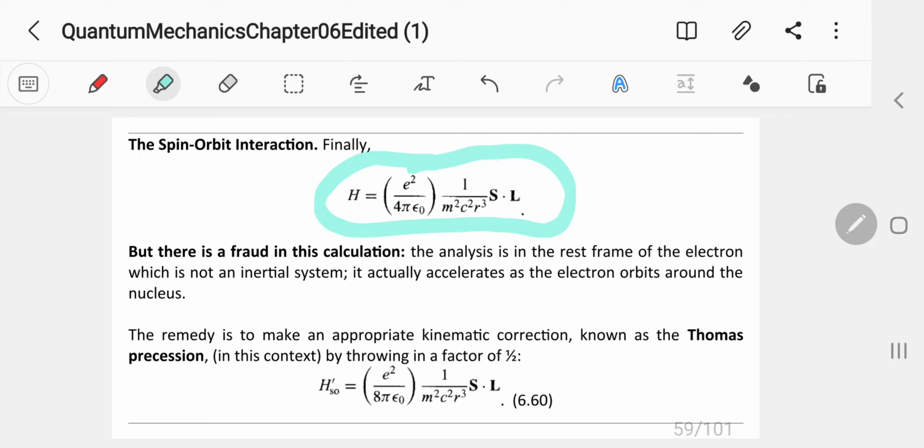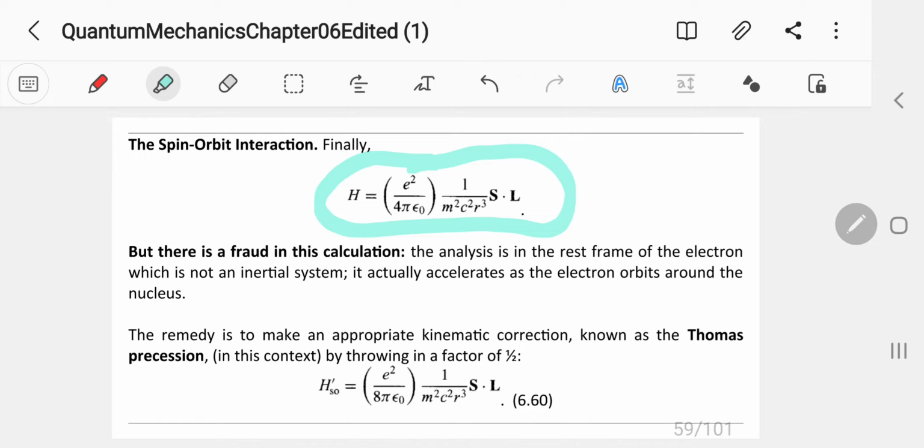So the electron frame is not an inertial frame, because for one, it is revolving around the proton, and the direction of the motion is changing, so it is accelerating, so it's not an inertial frame.